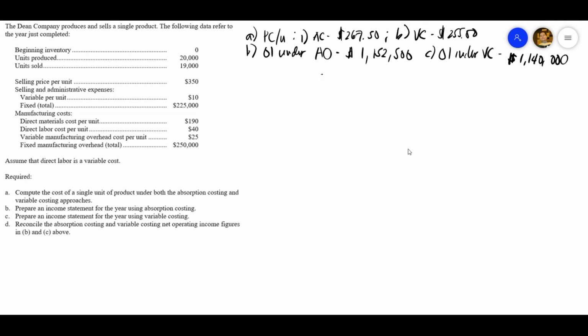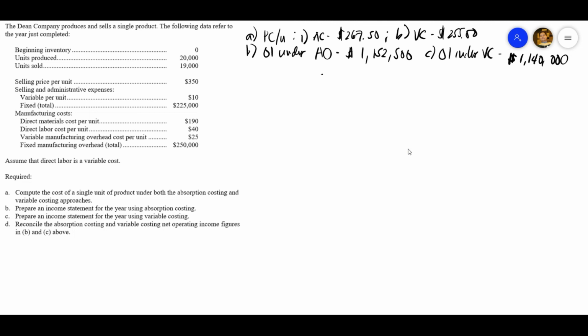For our last requirement in this problem, reconcile the absorption costing and variable costing net operating income figures in B and C above. Again, I need to highlight that if the units produced is higher than your units sold, the related fixed manufacturing overhead that is part of your product cost under absorption costing will now be included in your ending inventory.